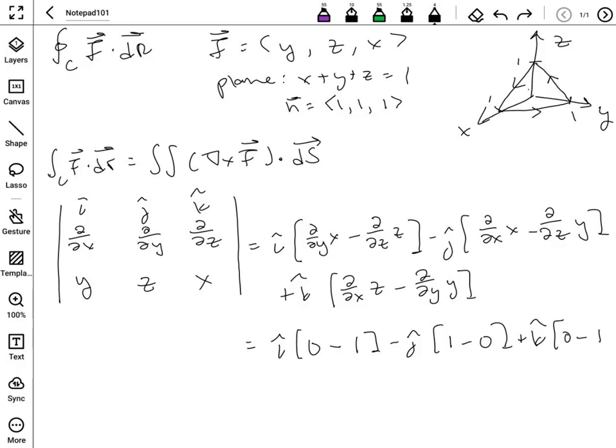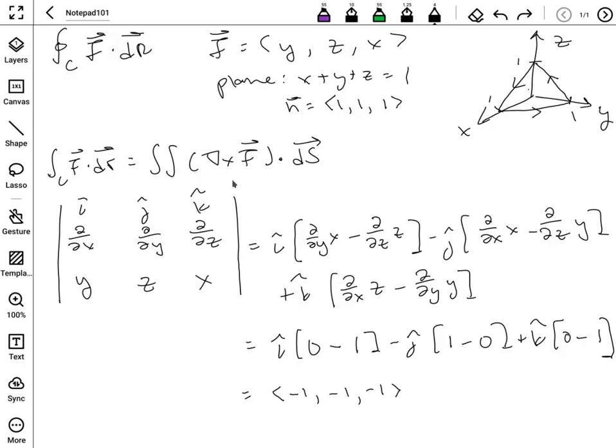So I'm just doing all my partial derivatives. The partial derivative of y with respect to itself is 1, but with respect to any other variable it is 0, because it's a constant as far as those variables are concerned. So my curl is minus 1, minus 1, minus 1.